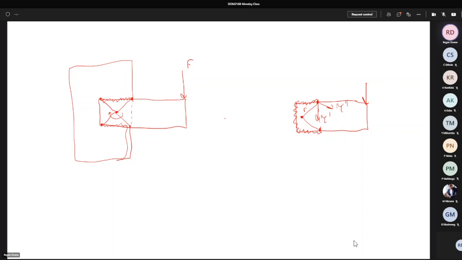So how do we know this is torsion? If we apply this force here, what are we going to get? We're going to get a twisting around the centroid. Okay, it's going to twist around the centroid. Now, just like chapter 8, we have two modes happening here.